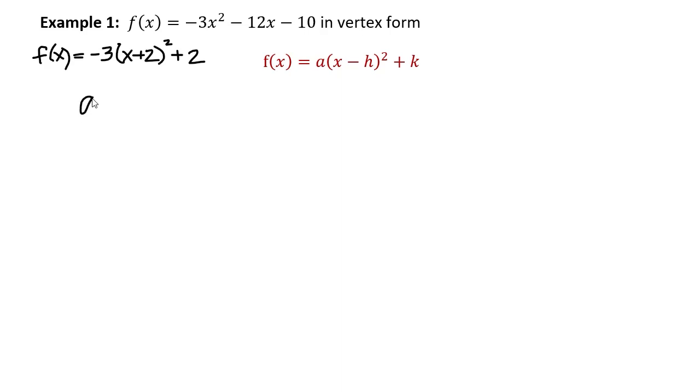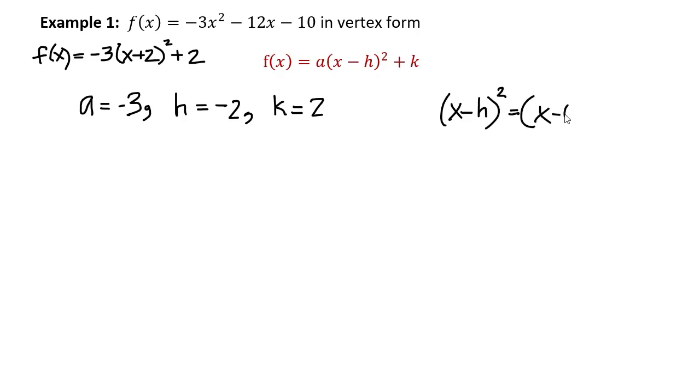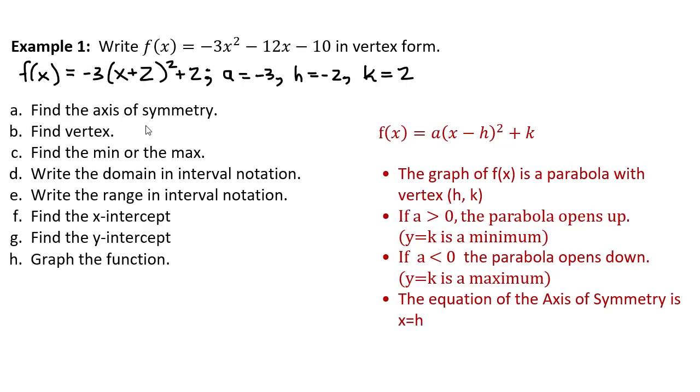So that means a must equal negative 3, h must equal negative 2, and k must equal positive 2. Notice in this vertex form, the vertex form is (x minus h) all squared. So ours would be (x minus negative 2) all squared to conform with this format.